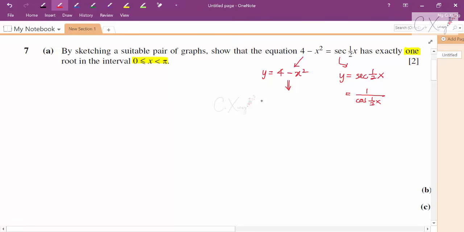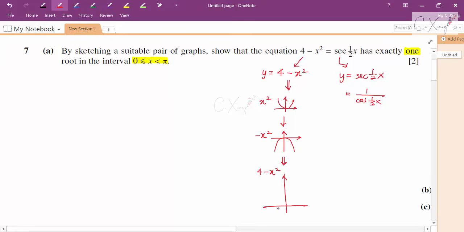If I want to look at it in detail, to get 4 minus x squared, the original graph will start from x squared first, which is a U shape that passes through 0, 0. Next, when you multiply by a negative, you are reflecting the graph through the x-axis, and therefore your U shape will become an N shape. Finally, to get 4 minus x squared, you translate this whole graph 4 units up.